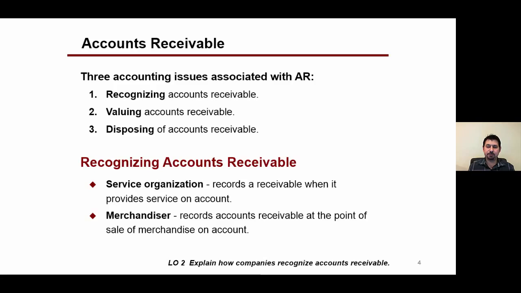So recognizing them is like we have studied so far. When the company provides a service on account, the company would debit accounts receivable and credit service revenue. And when the company makes a sale on account, a merchandiser company would record the accounts receivable by debiting accounts receivable and crediting sales revenue.